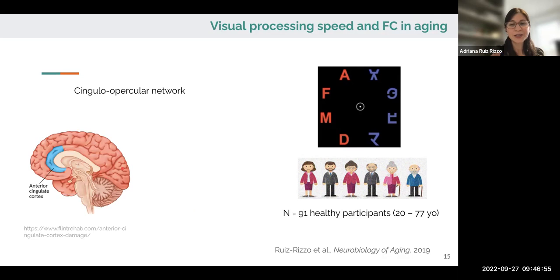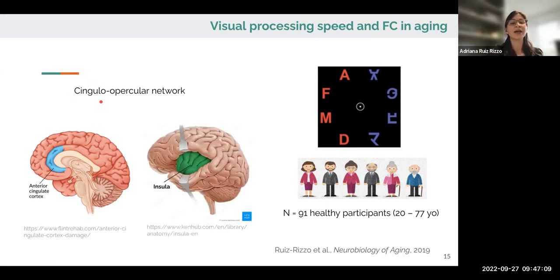Now, this name sounds a bit strange. It just reflects the anatomical regions that are most important for this network. In particular, the anterior cingulate cortex. This is where the name takes the cingulo part. And then we have the opercular, which refers to the frontal operculum, or the frontal opening that we see here, that lets us see the insula, which is this hidden lobe here in green.